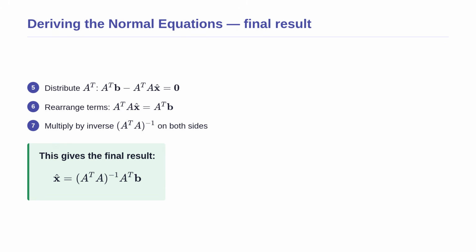Finally, we isolate x hat by multiplying both sides by the inverse of A transpose A. This acts like division, allowing us to cancel it out on the left side, leaving us with our final beautiful formula. We have mathematically proven how to find the exact best compromise for any overdetermined system.